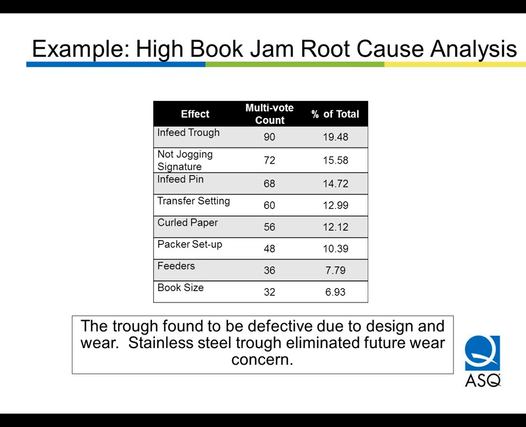The second item on their voting, not jogging the signature, was actually a training issue, so they went back and revisited their work instructions, modified them to reflect the needed steps on how to do that and when to do that, and retrained all the crew on doing that.